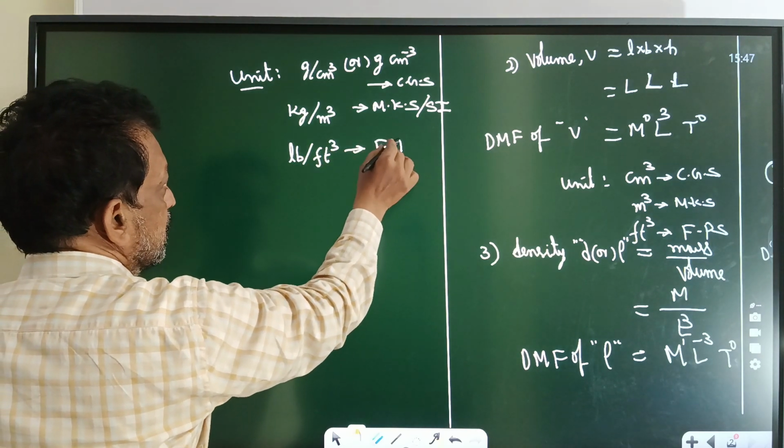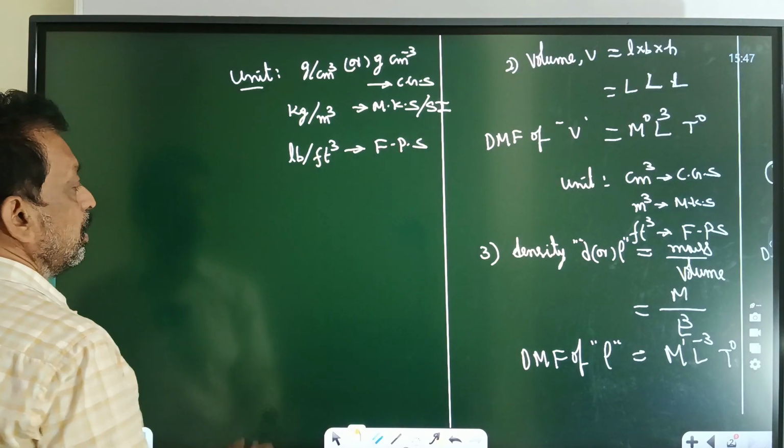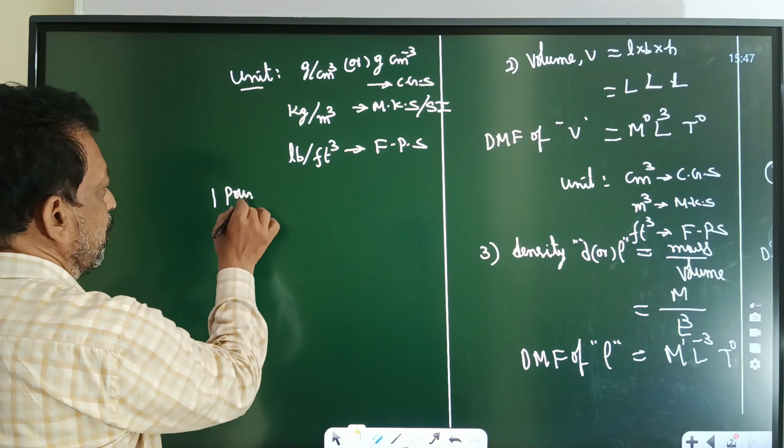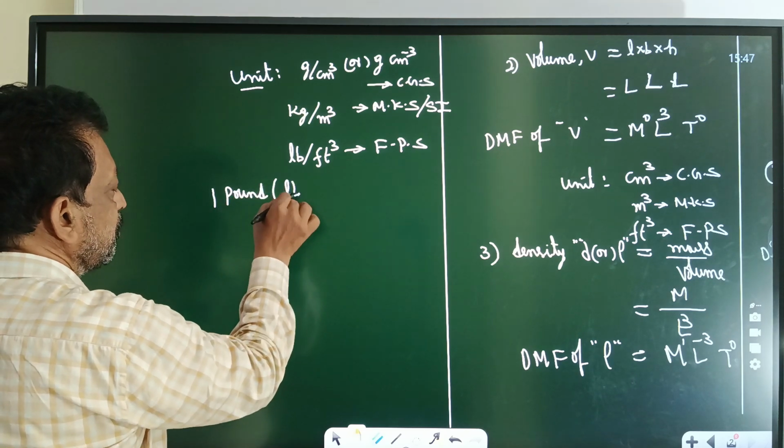Okay. Now here we already said 1 pound. The symbol is lb.